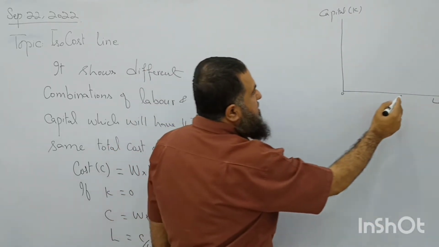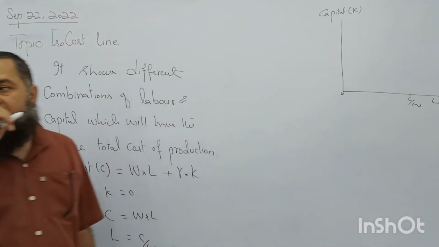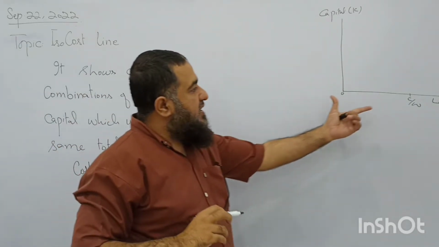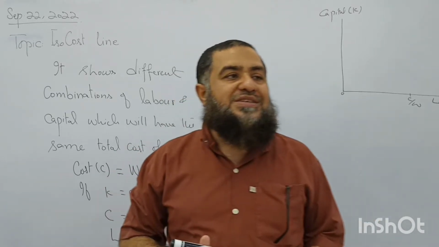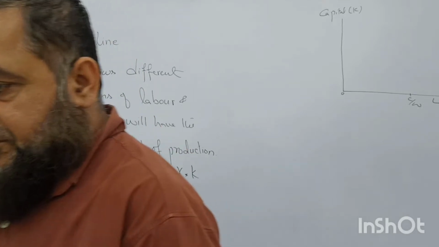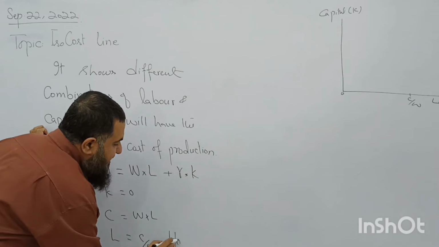So when capital is 0, this is the C over W point. When no capital unit is employed, all the workers are employed, so this will be the point which is called the horizontal intercept of the isocost line. What is it?